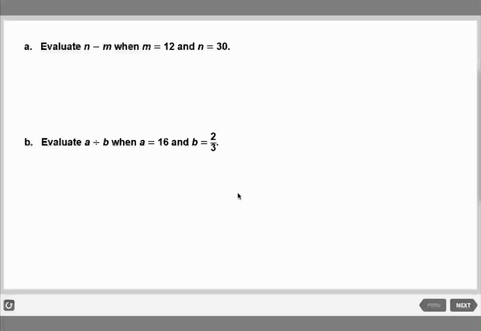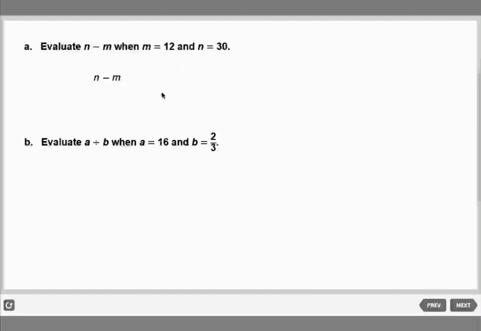Okay. Thank you, Faris. Evaluate n minus m when m equals 12 and n equals 30. So, simply what we should do is something called substitute. I told you yesterday about this. Substitute 12 for m and 30 for n. So, remove the n and write 30. Remove the m and write 12.